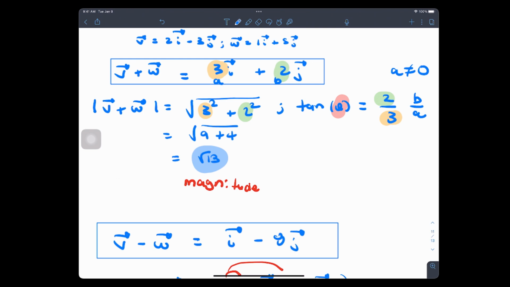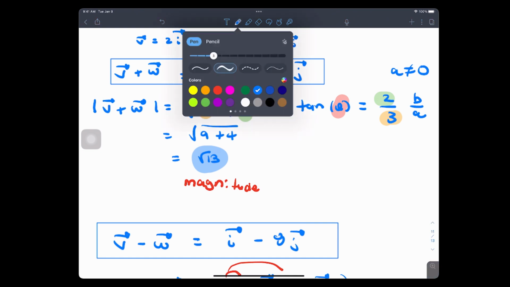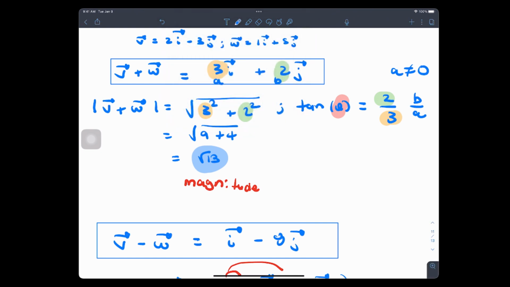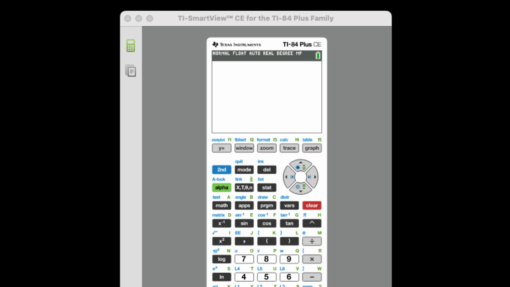This is not a special triangle. Theta is the inverse tangent of 2/3. Didn't we have homework in how to find that? How to use the calculator with this? Yep. It's the inverse tangent of 2/3.